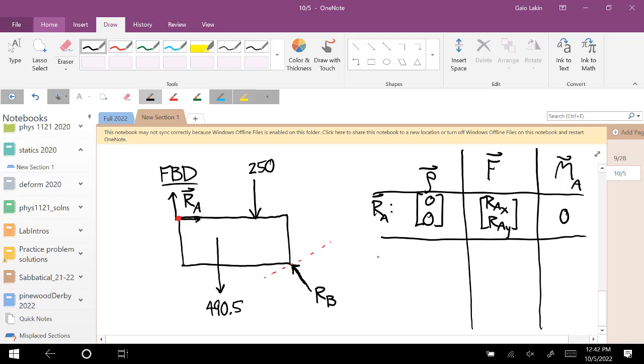And then for the weight force, the x component of the rho vector is 0.677. What's the y component? Doesn't matter. I put 0 or whatever, since we know that you can move it along its line of action without changing what it does. The force vector is 0, negative 490.5.